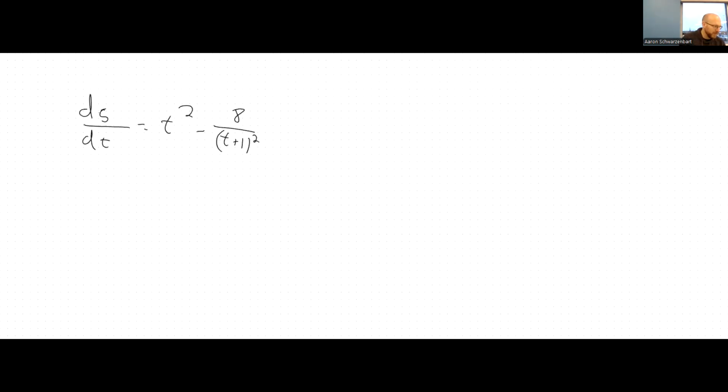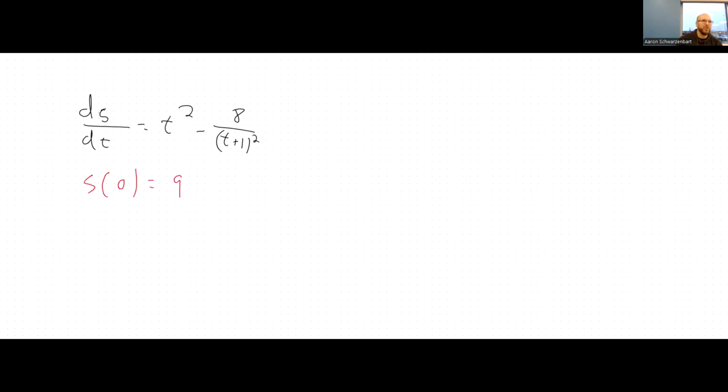So it says, suppose the initial position of a particle s0 equals 9. We'll do this one. And this is my initial position. That's where it starts.